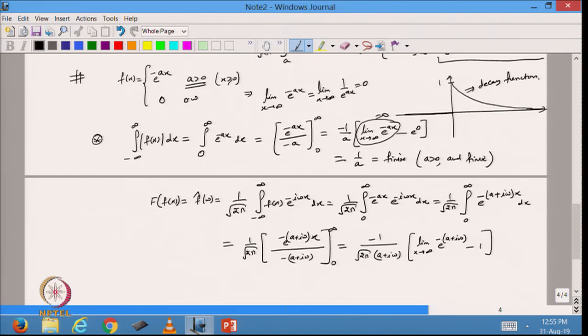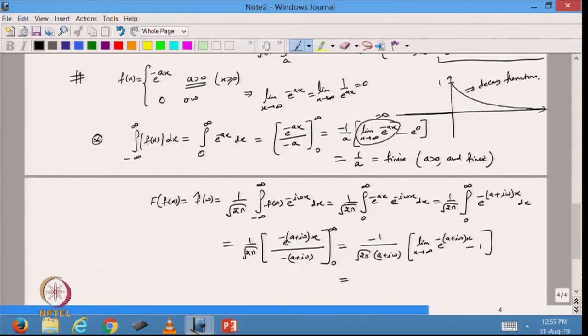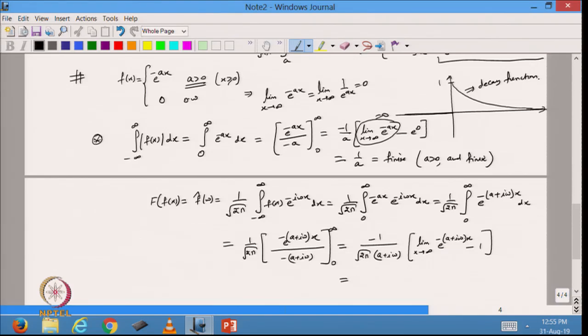Now, we already know that this quantity will tend to 0 because both are decay functions. This omega is the frequency, positive frequency, so this is always a decay function and this quantity will tend to 0.